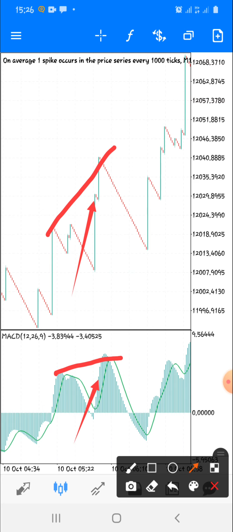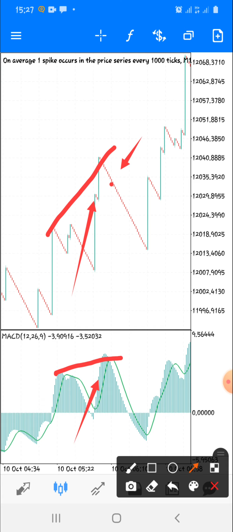So what we're going to do, we will enter our trade here. Why are we entering our trade here? That is how we enter a trade here.